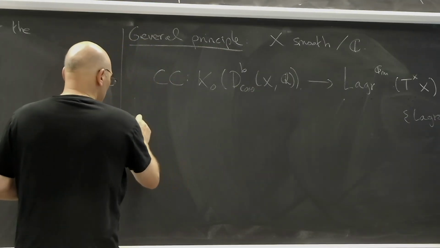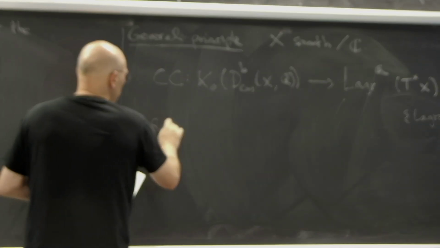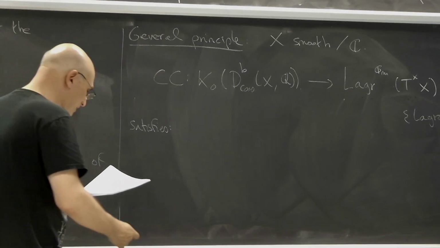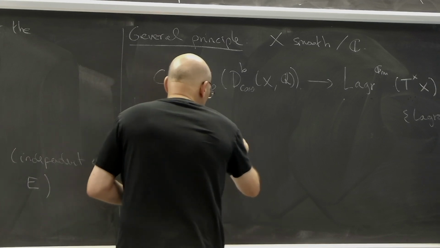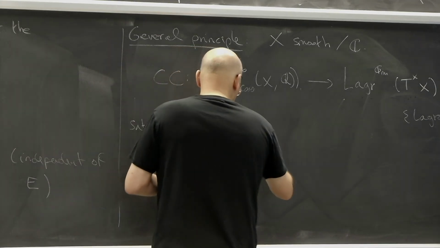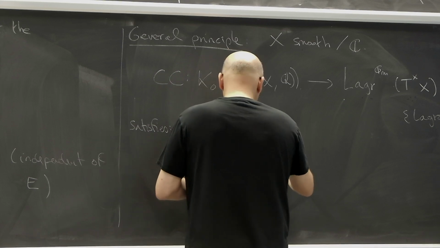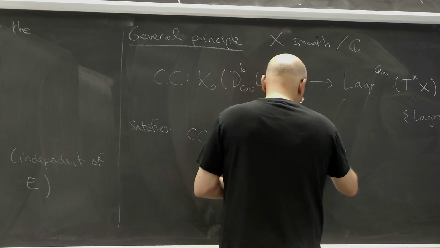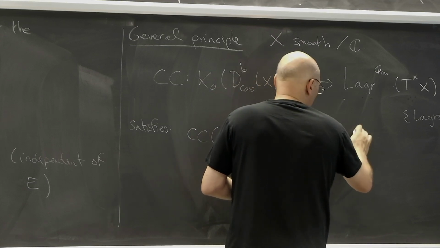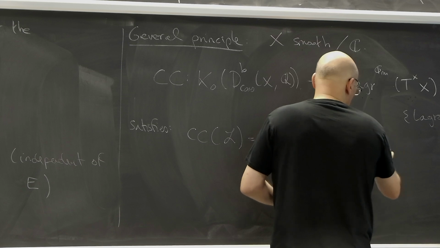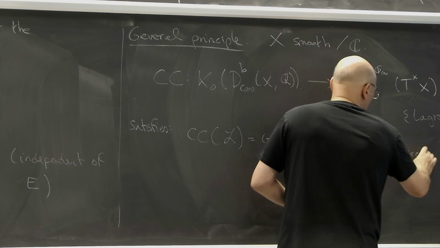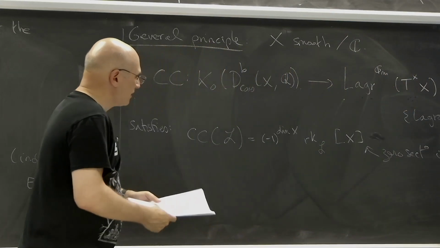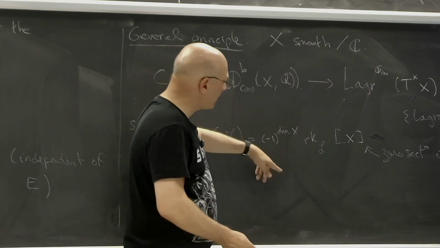Okay, so satisfying some properties that give you an idea of what this beast is. So first of all, when I apply it to a local system, this is, say, -1 to the dimension of X, times the rank of this local system, times the class of the zero section in T star X. So there's a sign, and then essentially it's just the zero section.